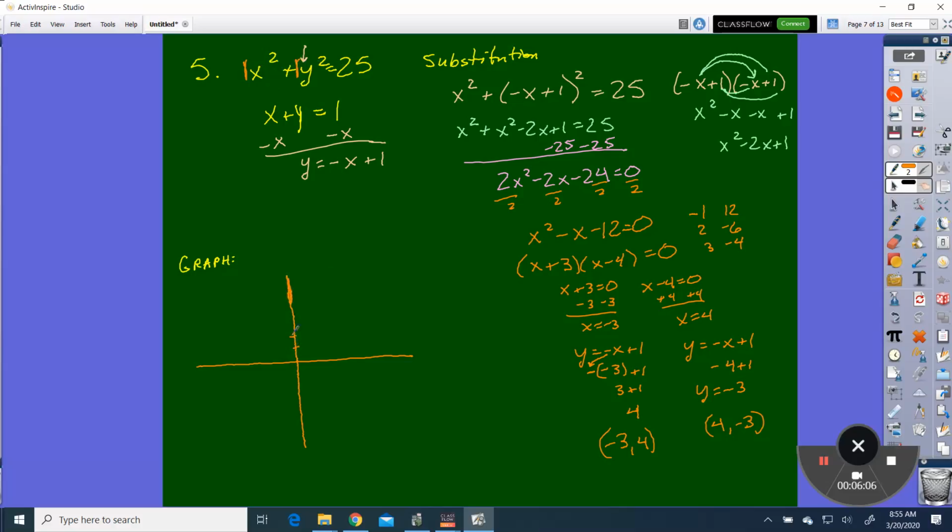So I have a circle with a radius of 5 because, remember, the radius is the square root of that number at the end. So the square root of 25 is 5. So my circle is at 0, 0 with a radius of 5.